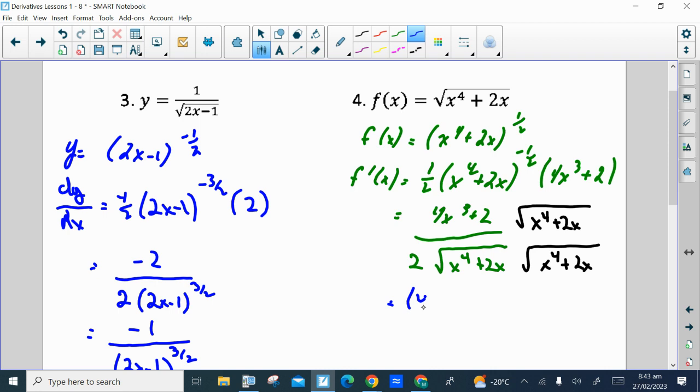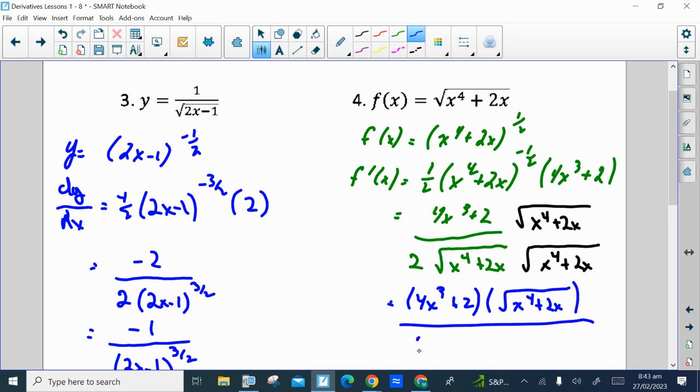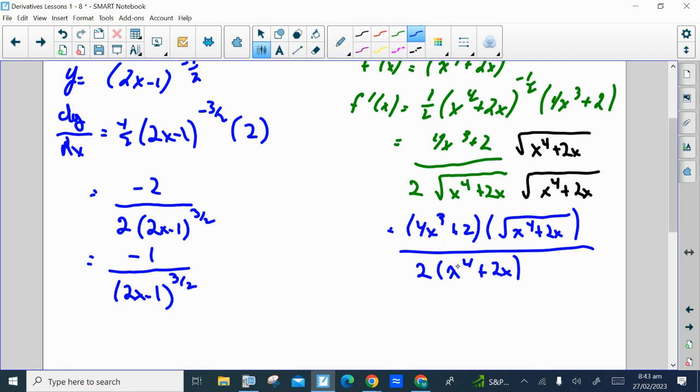So that would give us 4x cubed plus 2 times the root of x to the fourth plus 2x all over 2 times x to the fourth plus 2x. So that's what that would look like.